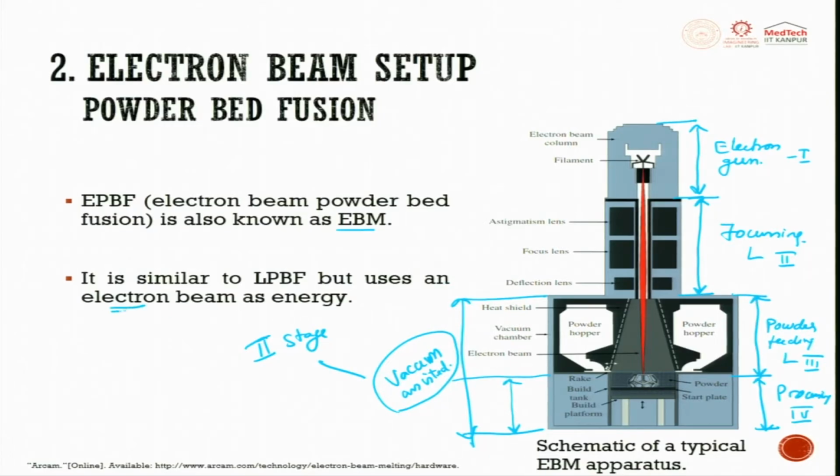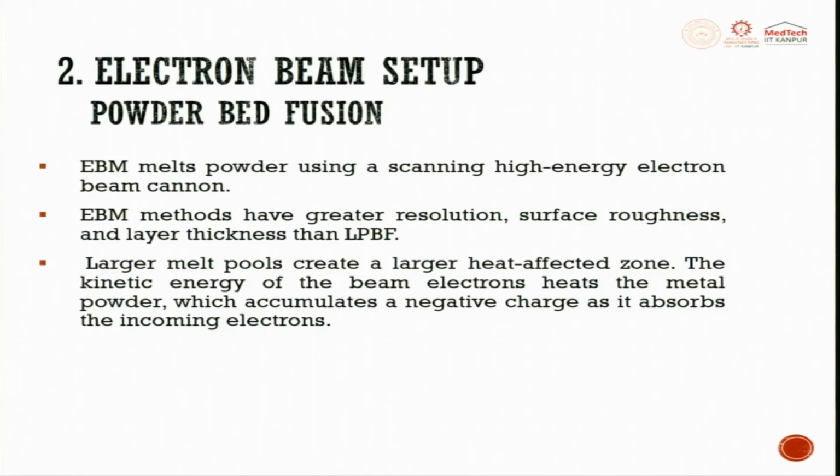The moment I use an electron beam, I cannot use optical lenses; I have to use magnetic field lenses. Electron beam machining melts powder using a scanning high energy electron beam gun.